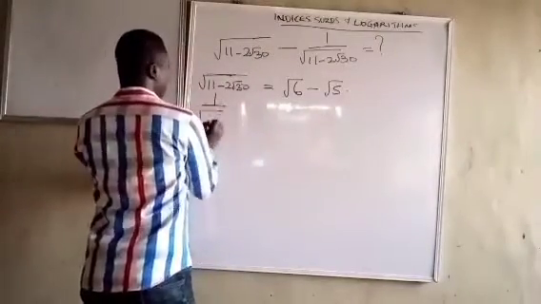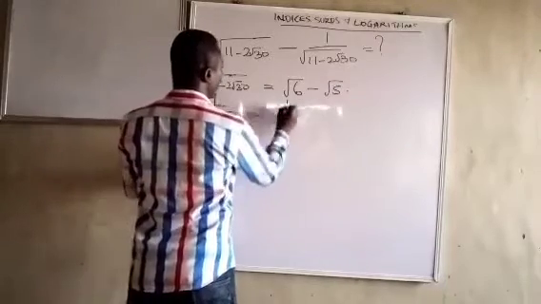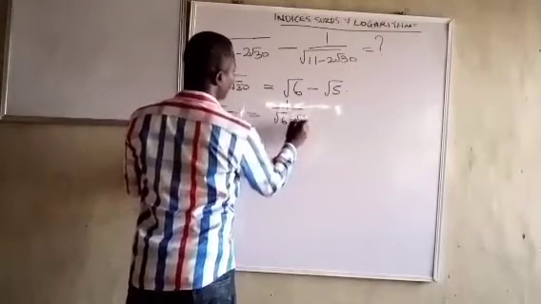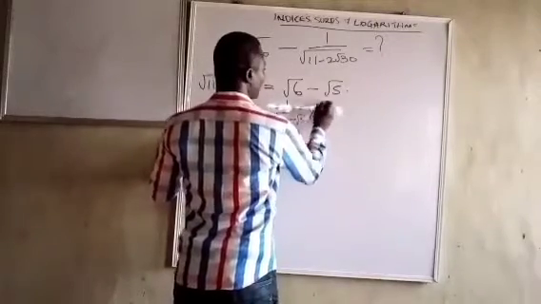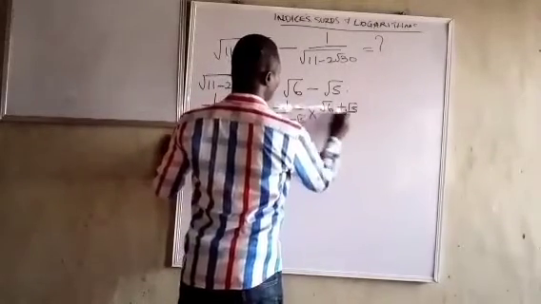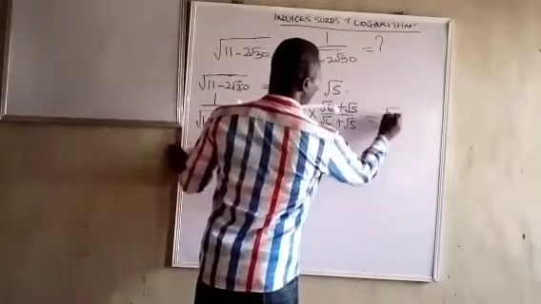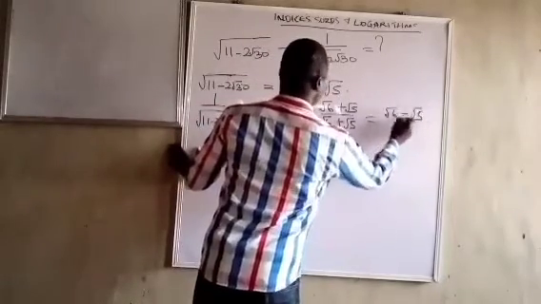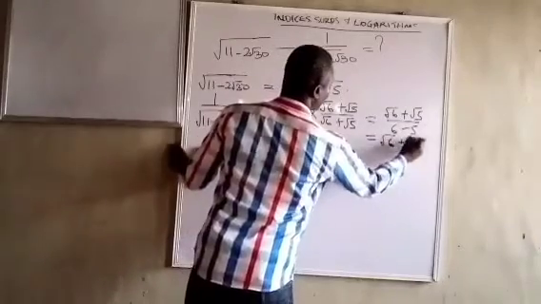1 over root of 11 minus 2 root 30 is going to be 1 over root of 6 minus root 5, which is equal to, okay, let's multiply straight: root 6 plus root 5 over root 6 plus root 5. So at the end of the day, it's going to be root 6 plus root 5 over 6 minus 5, so it's going to be root 6 plus root 5.